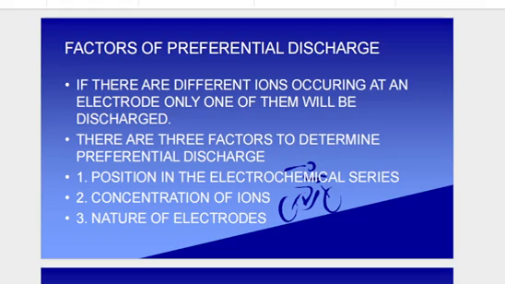Now, the simple trick or conclusion of this thing, let's start with the first one. Number 1, position in electrochemical series. Write it down. Position in electrochemical series. Then you write this statement: the weaker ions are preferentially discharged.